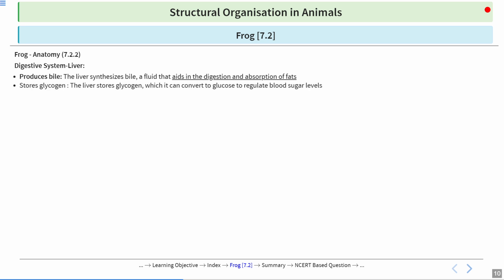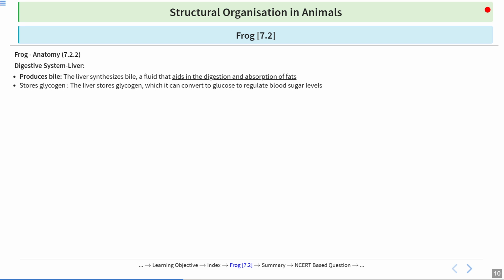The liver stores glycogen. If there is a lot of glucose in the body, then like in the plant, you must have studied that extra glucose is converted to starch.